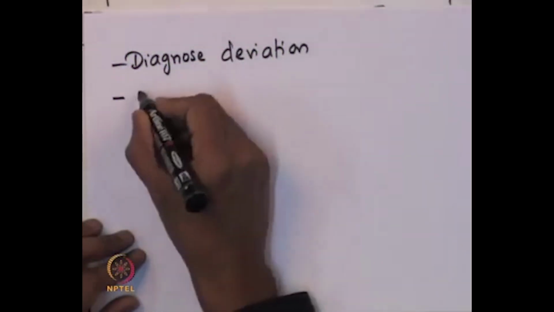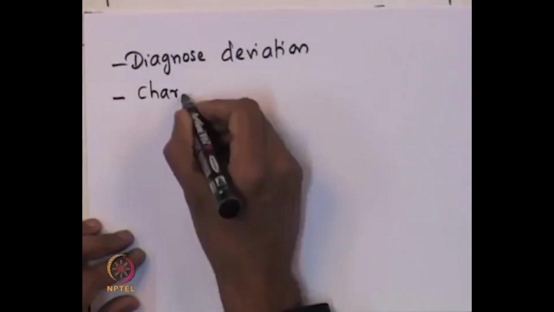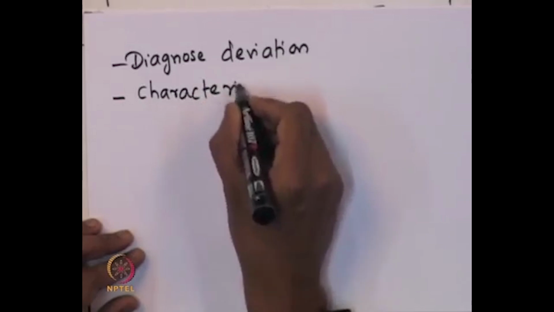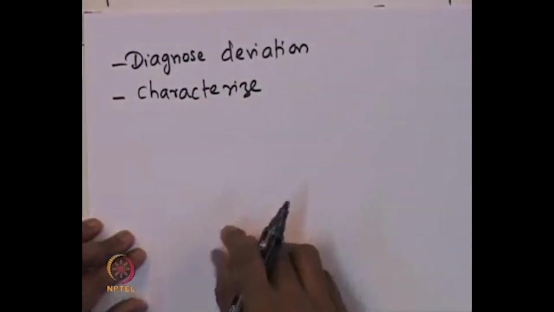And suppose I have diagnosed such a deviation, how do I characterize such a reactor which does not behave like the ideal reactors such as the plug flow and the mixed flow reactors?